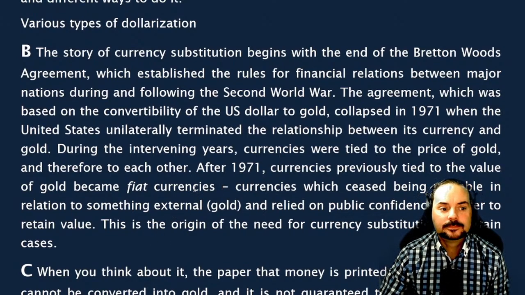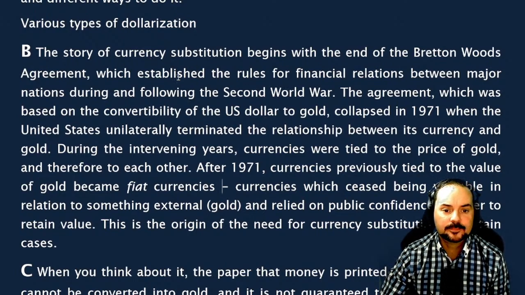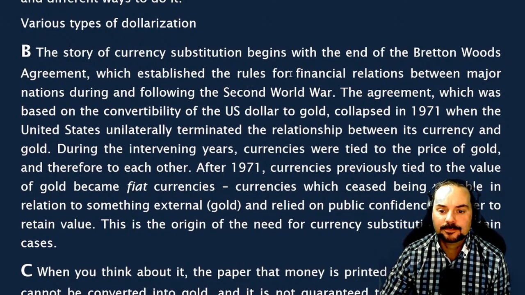The story of currency substitution begins with the end of the Bretton Woods Agreement, which established the rules for financial relations between major nations during and following the Second World War. The agreement, which was based on the convertibility of the US dollar to gold, collapsed in 1971, and when the United States unilaterally terminated the relationship between its currency and gold.